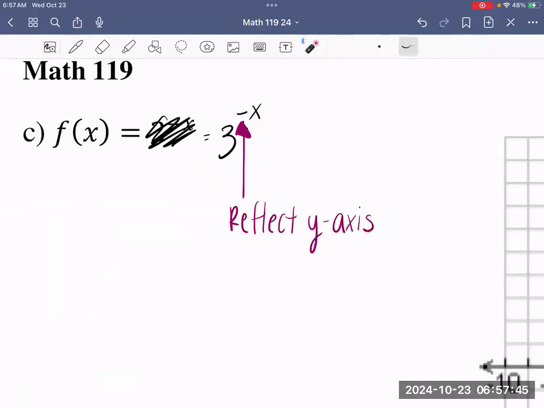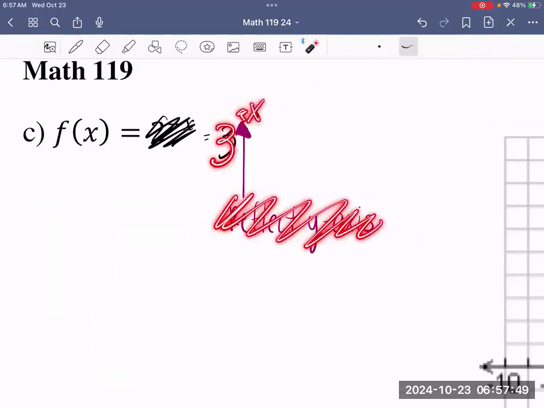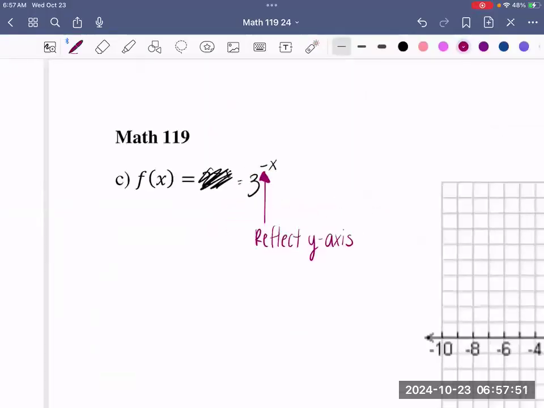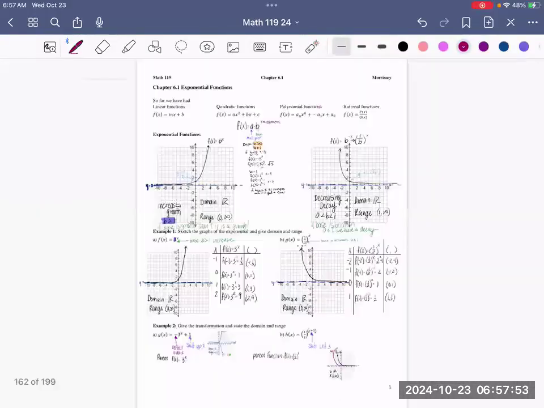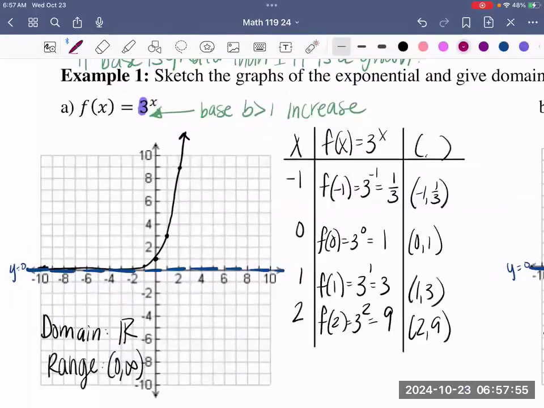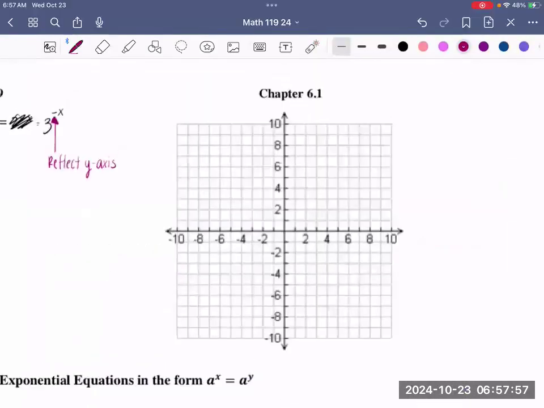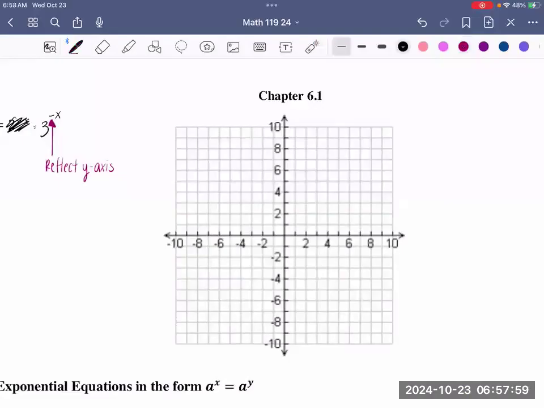So if we were to take this away, we're left with 3 to the x as your parent function, which we again have graphed before, which maybe I should have done a different one. But we're going to take that one. Say, 3 and 9.